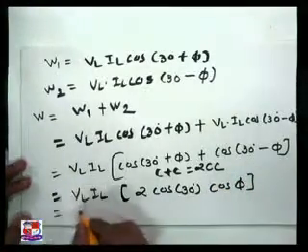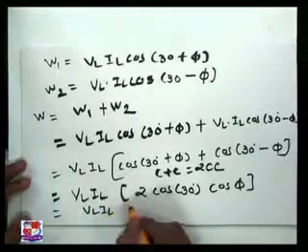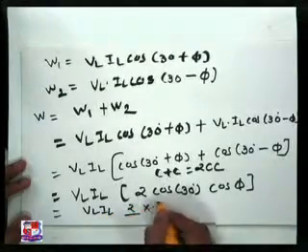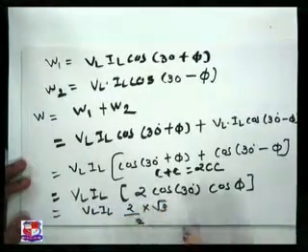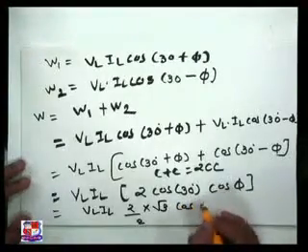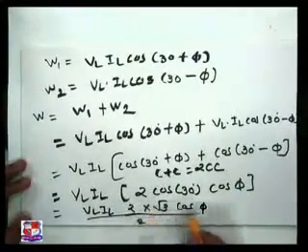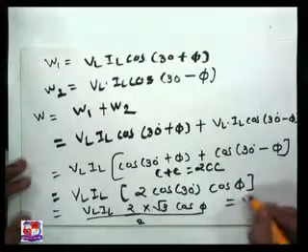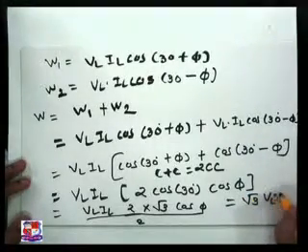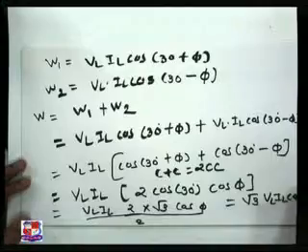Cos 30 we define as root 3 by 2, into cos φ. So you get root 3 VL IL cos φ.